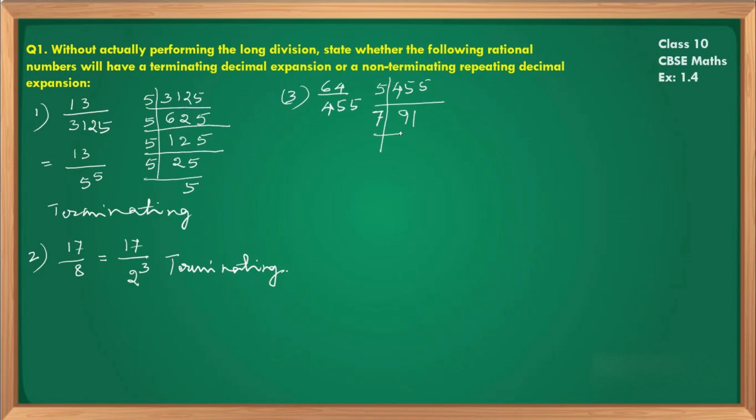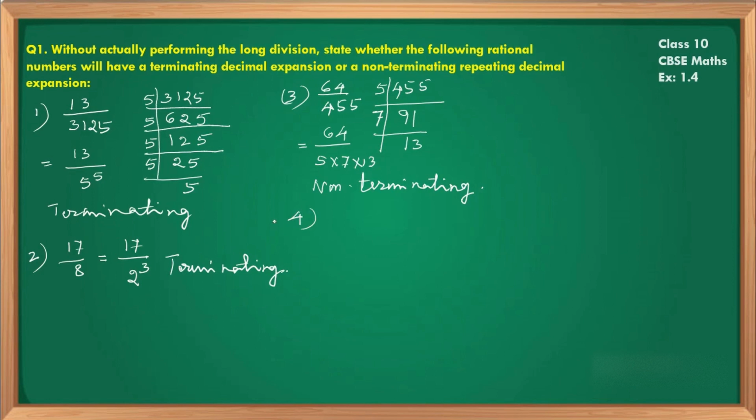You try with 7. 7 1s are 7 and 7 3s are 21. So this number can be written as 64 divided by 5 into 7 into 13. In the denominator you have 5, but along with that you have 7 and 13. Therefore this is non-terminating.